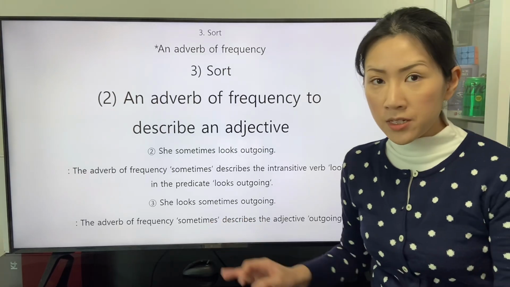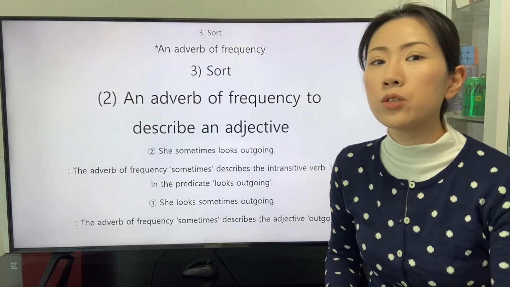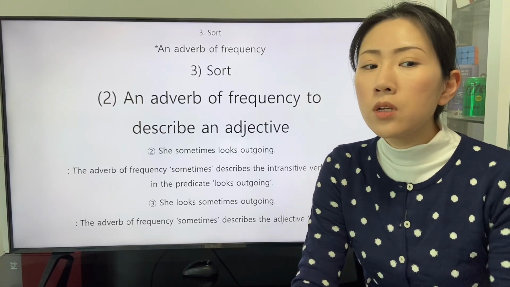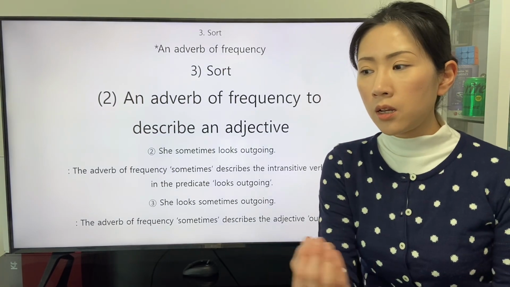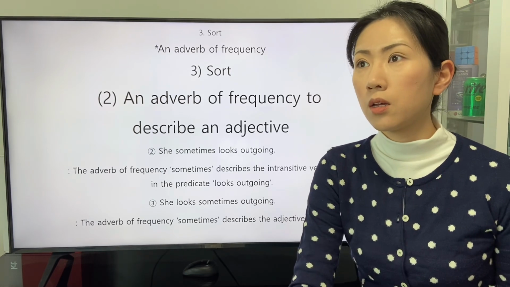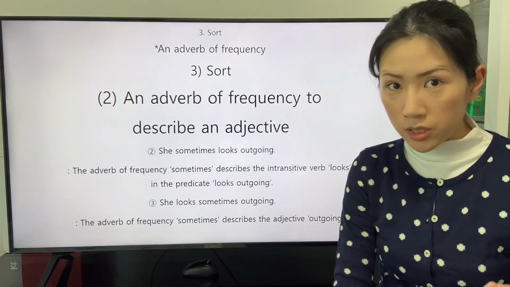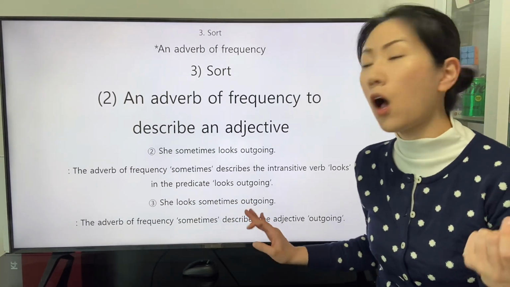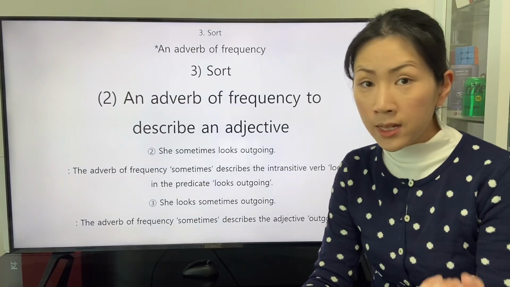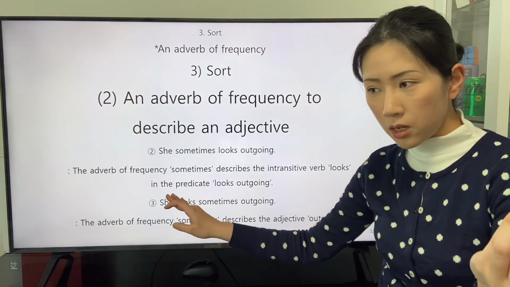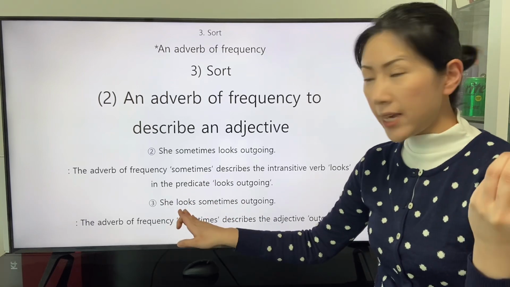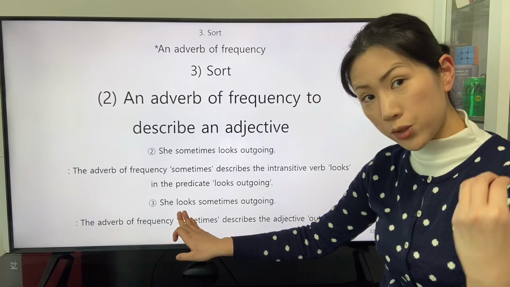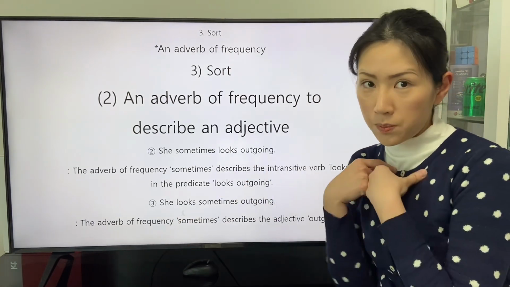The speaker of this third clause responds to this question: how often is she in the condition indicated by the adjective outgoing, while she gets the action indicated by the intransitive verb looks from the speaker?